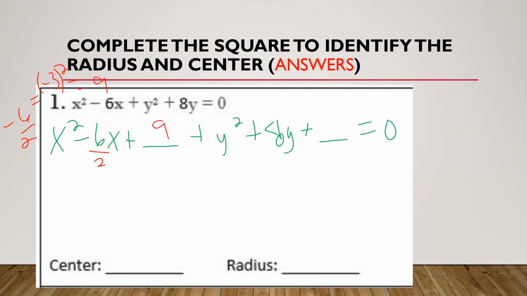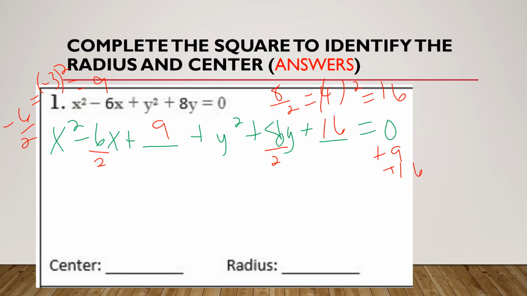So it's 9 that we are going to add to both sides. And then we use that same process on the y side. We take what would be the center term divided by 2. So we would think of that as 8 divided by 2 is 4. And then we square it, which gives us 16. Then we would add 16 to both sides.